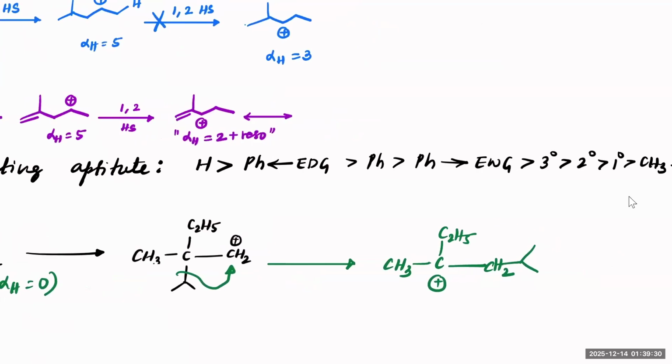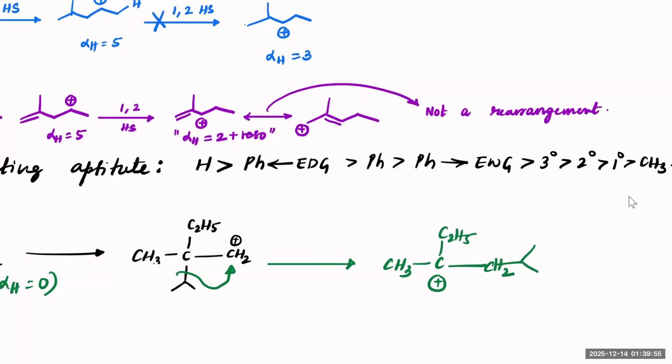In fact, now resonance will show resonating structures also. That means the double bond can shift here, positive charge can come here. So these two are resonating structures. This is not a rearrangement. So from this step to this step, this is not a rearrangement. It is just resonance movement.